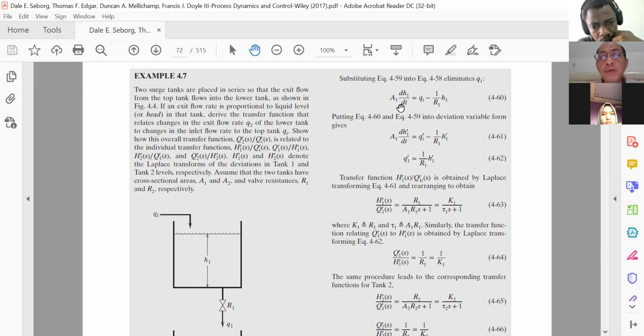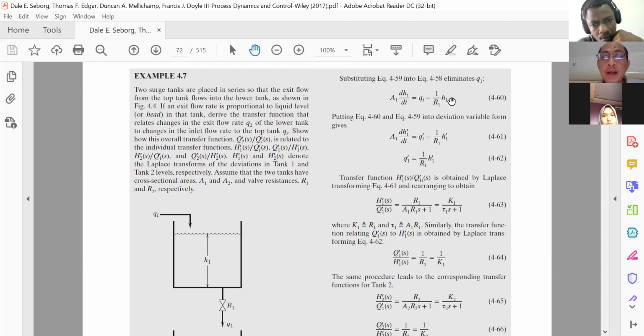If we trace from the mass balance equation, you end up with equation 460, right?